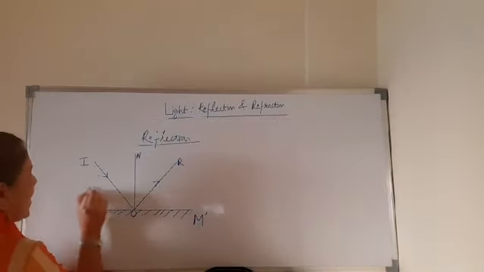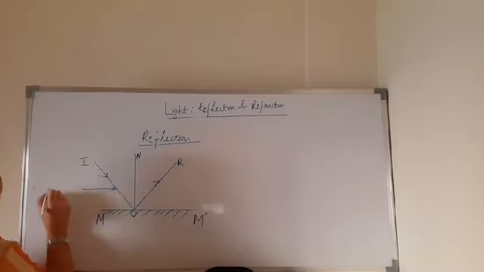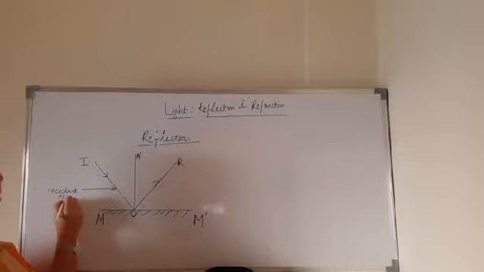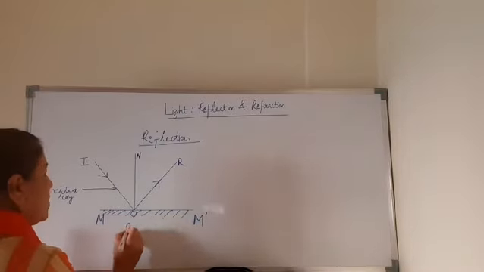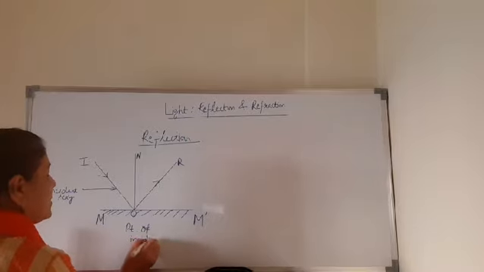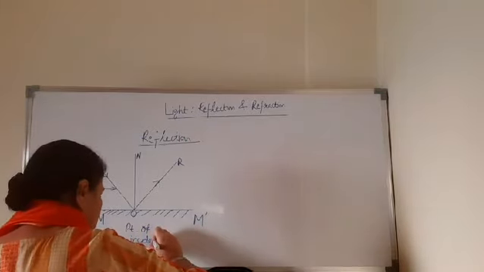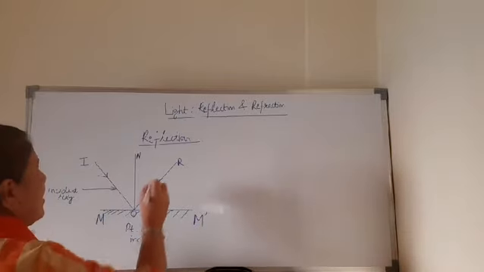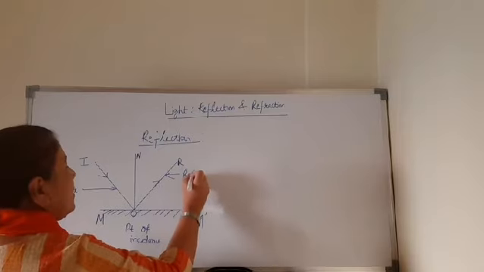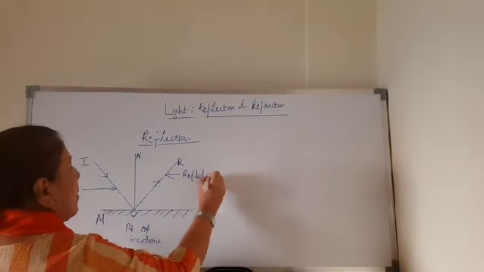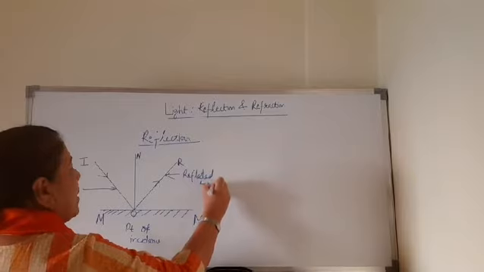What is I? I is the incident ray, the ray which strikes the surface at O. This O is the point of incidence, and this OR is the reflected ray.